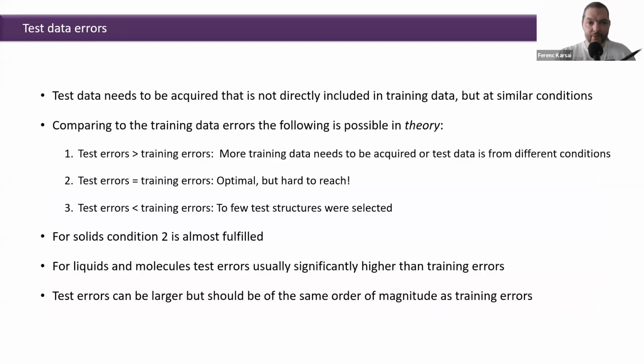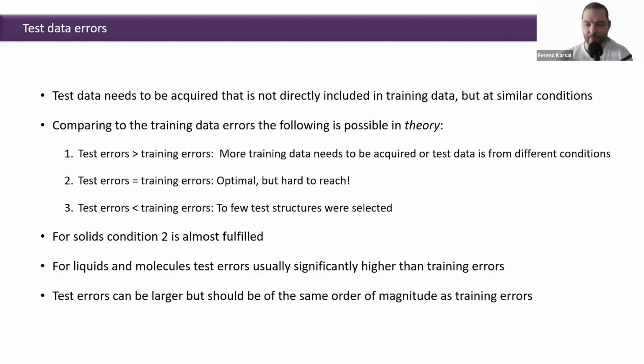On the other hand, you should also calculate test data errors. What are they? Test data errors of the force field are the errors compared to ab initio calculations on structures which are not directly included in training, but were sampled at similar conditions.